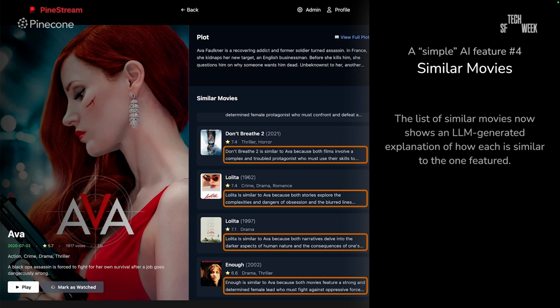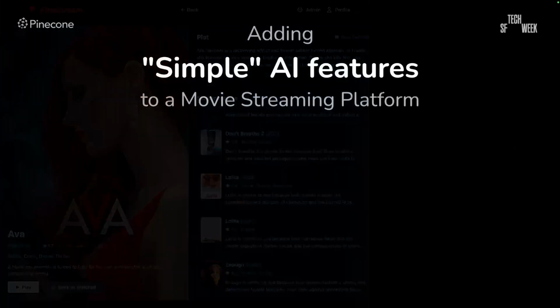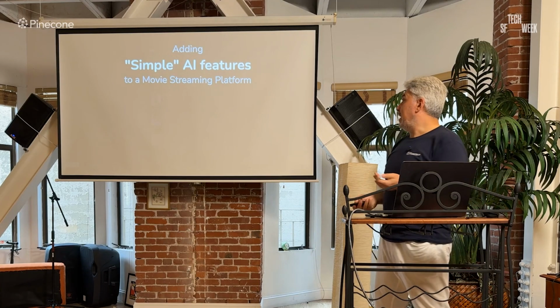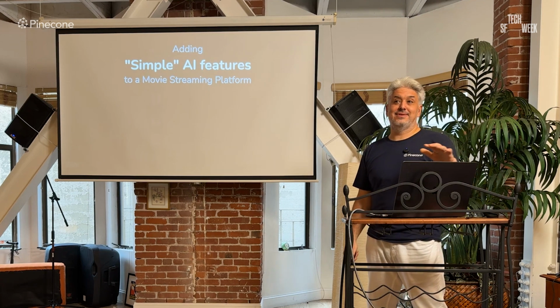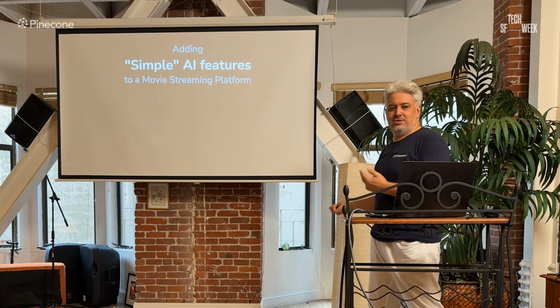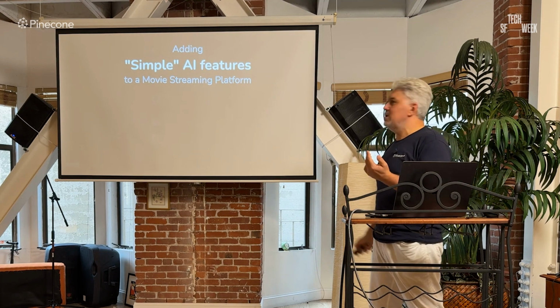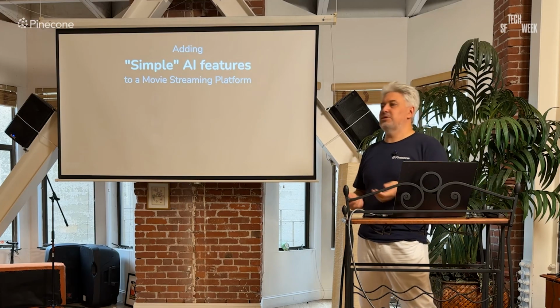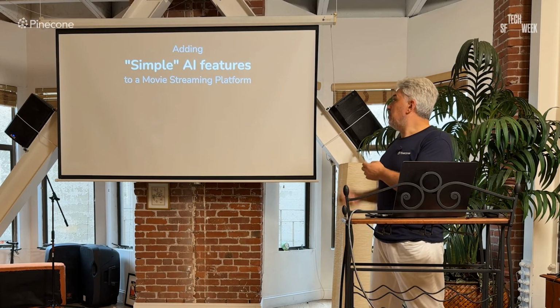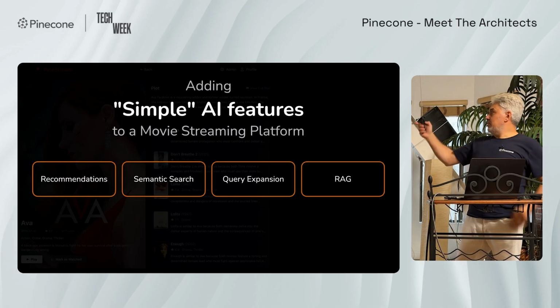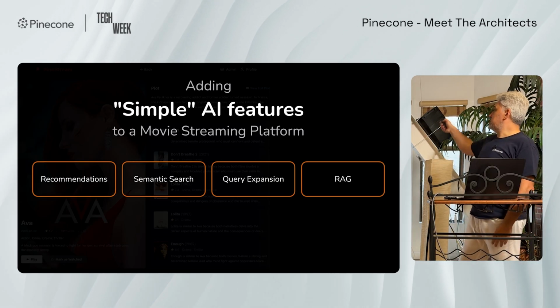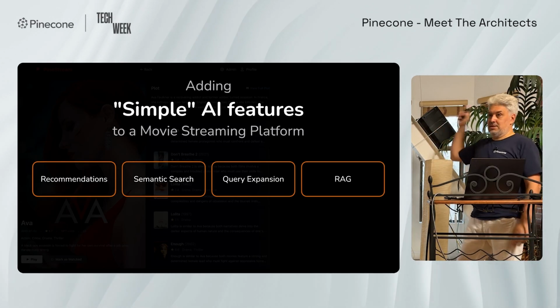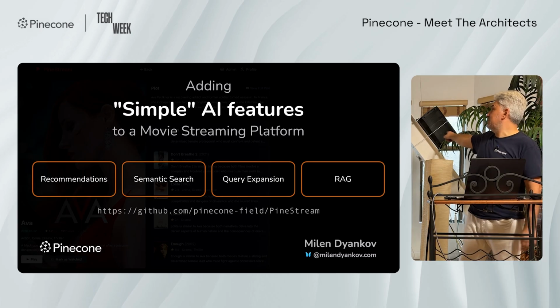And with that, we just implemented 4 simple AI features in our application. I hope this was useful. I kind of rushed through it because I didn't want you to spend too much time analyzing the code. But the recommendation, semantic search, query expansion, and the RAG use cases in that application are all available to you at that URL.